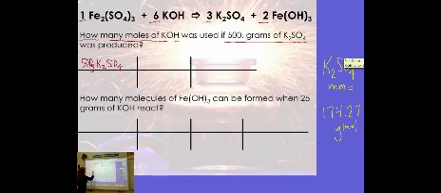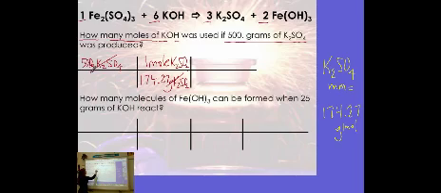So, 174.27 grams of K2SO4 is in 1 mole of K2SO4. Grams cancel. Now I'm in moles. I can do my mole ratio.